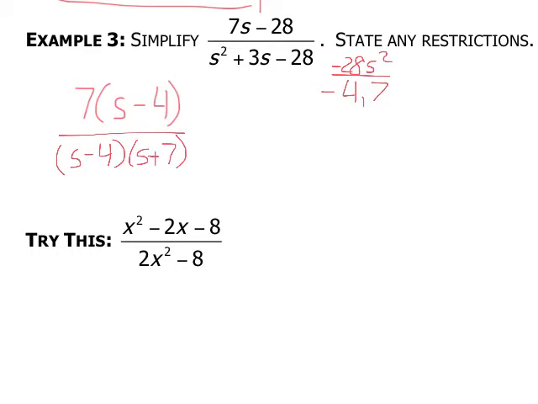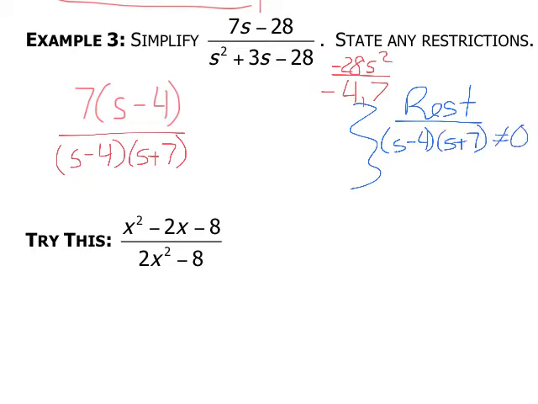Okay, so remember at this point I need to find my restrictions. So I'm going to come over here to some free space I have and find restrictions. Whatever's on bottom, so in this case, S minus 4, S plus 7, cannot be 0.